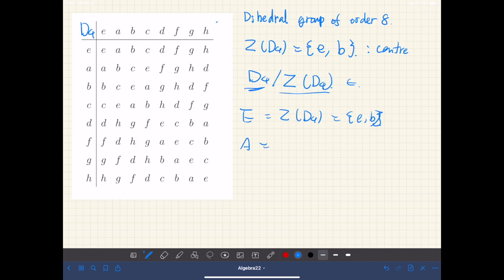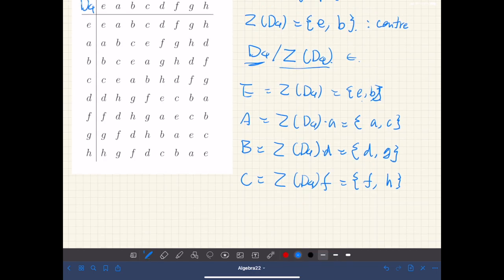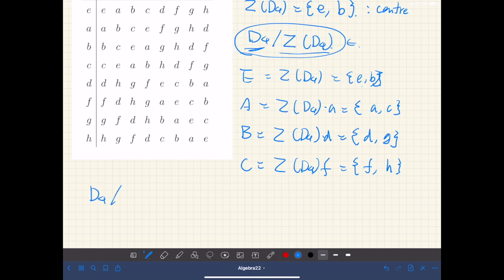One element is Z(D4) times A, which is found to be A and C. For another element, since B, A, C are there, it should be, let's say, D, and that will be D and G. And for the remaining element, let's say F, that will be F and H. So the elements of this quotient or factor group are E, A, B, C, each of which is a set.